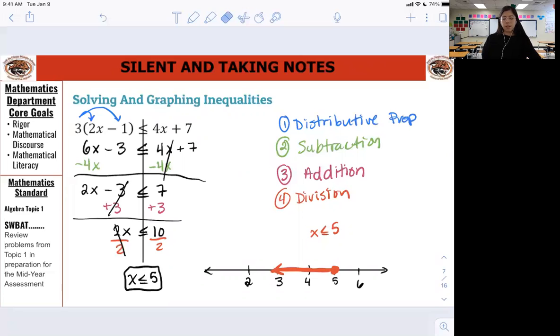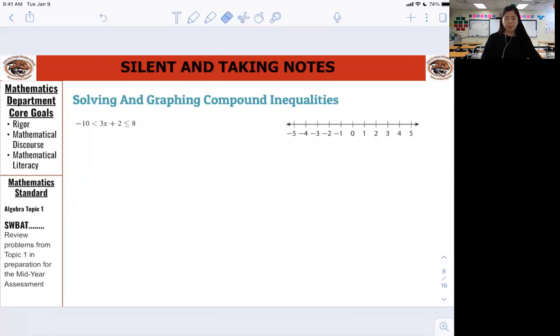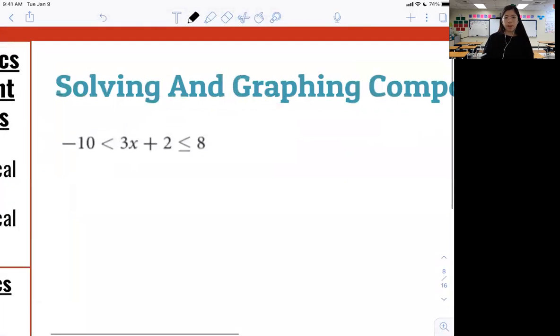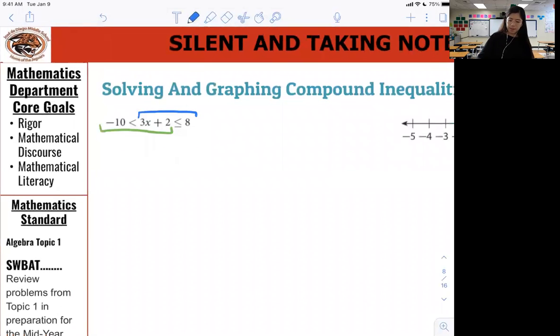Okie doke, so now we have 2 more problems on this, but now we've got compound inequalities. Compound inequalities are almost exactly the same, it's just that you have to do one extra step, which is that we have to split it up. Notice how this inequality is 2 in 1, like a 2-for-1 deal. I take the portion to the left of that symbol and the portion to the right, and rewrite them off to the side.